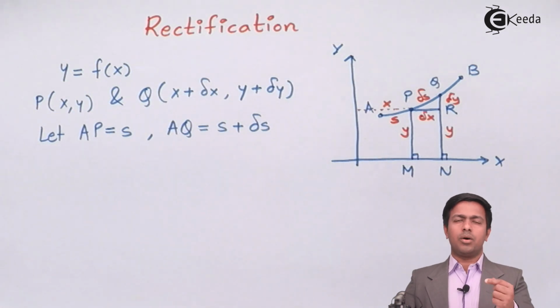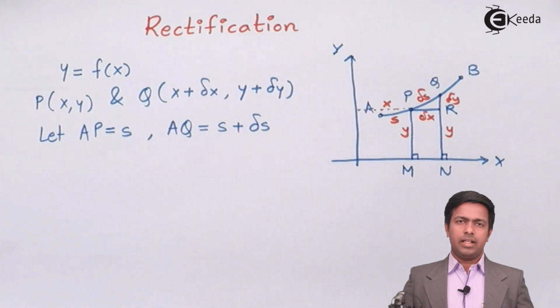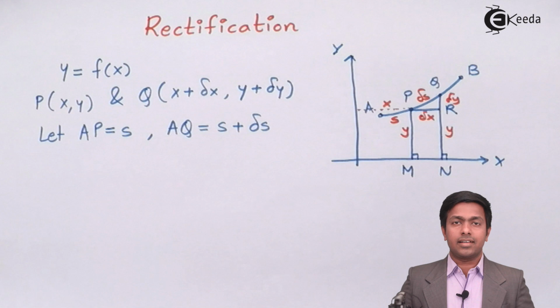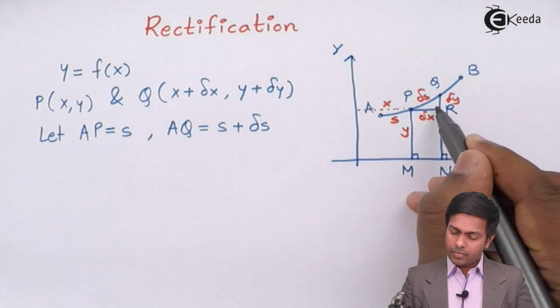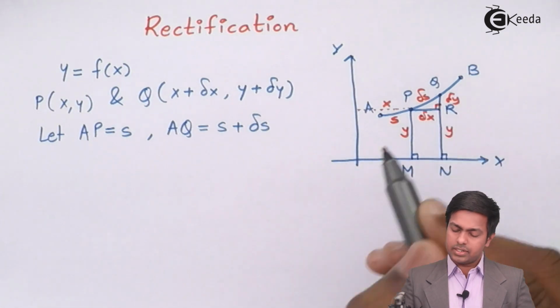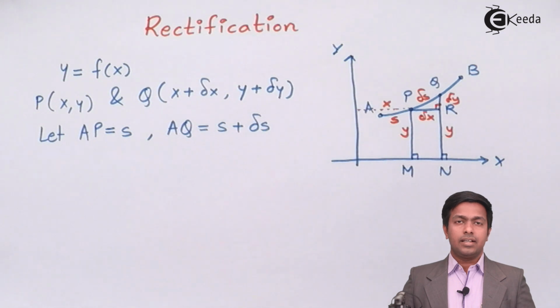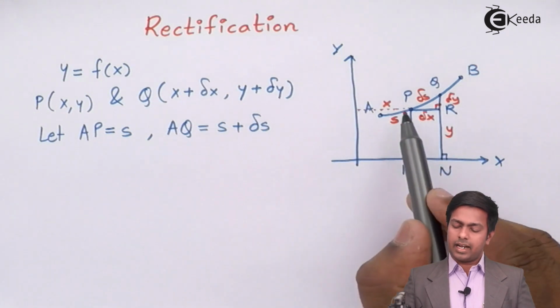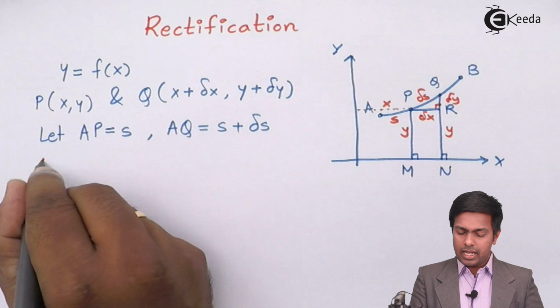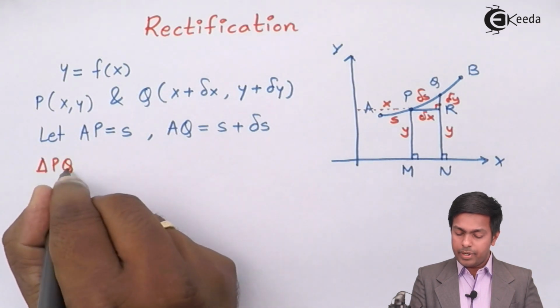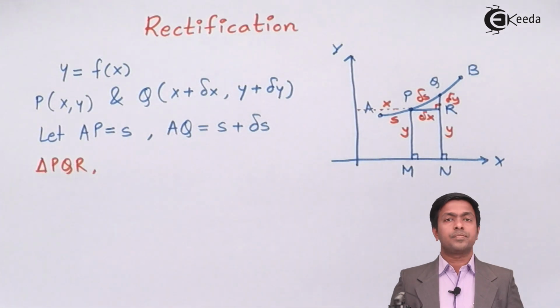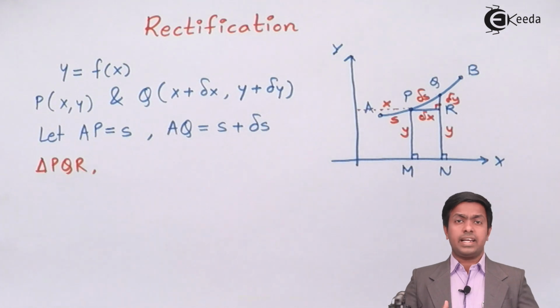If Q comes very close to P, then we'll get a right angle triangle, because here this is the perpendicular, so this angle is 90 degree. So we get a triangle PQR, which is a right angle triangle, and for any right angle triangle we can use the Pythagoras theorem.